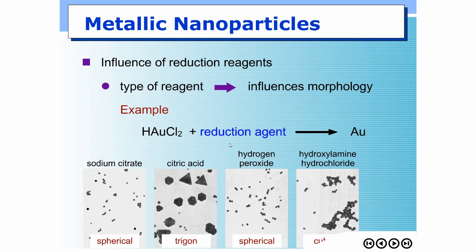Okay. On the other hand, if your reducing agent is weak, the reaction rate is slow, that means the growth species is gradually produced. In that case, the growth process will be rather slow because of the diffusion limit. And we learned from lecture 4 that we prefer diffusion limit so that we will eventually end up with a uniform size of the particles. Okay.